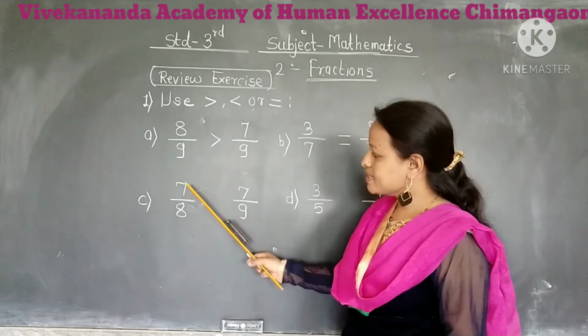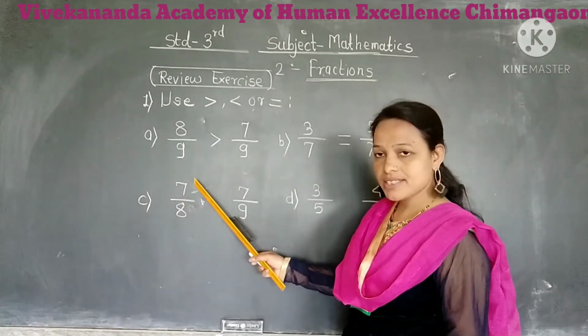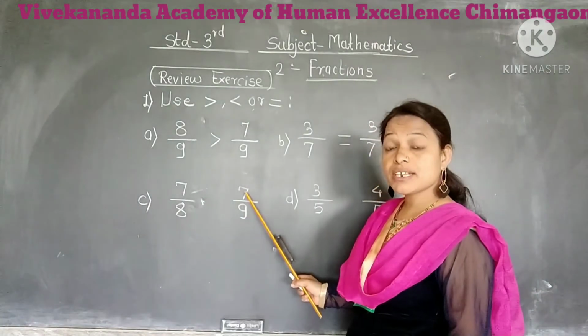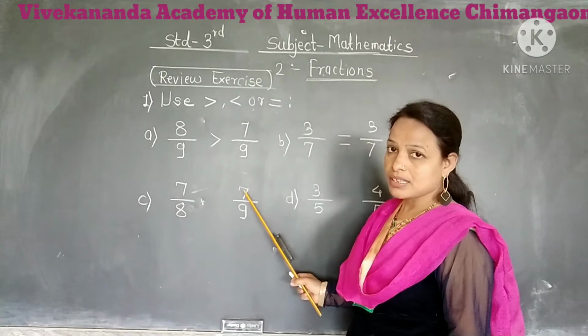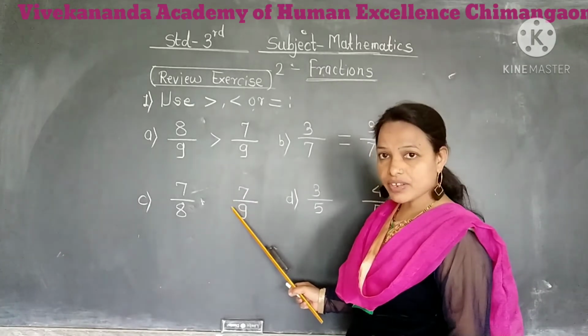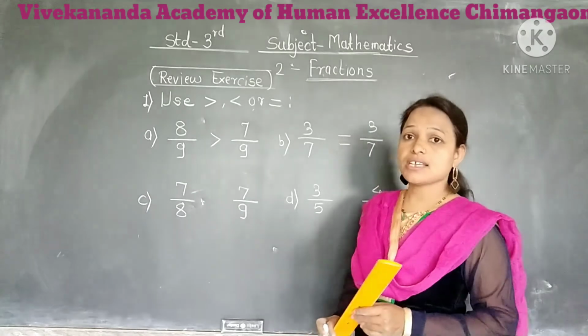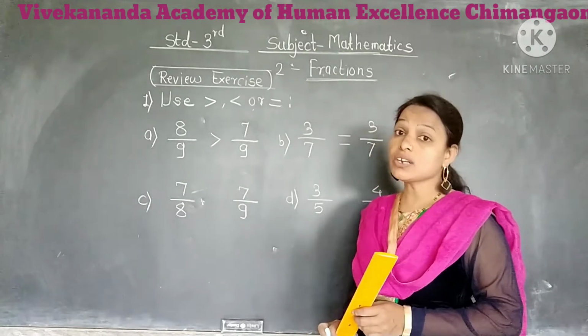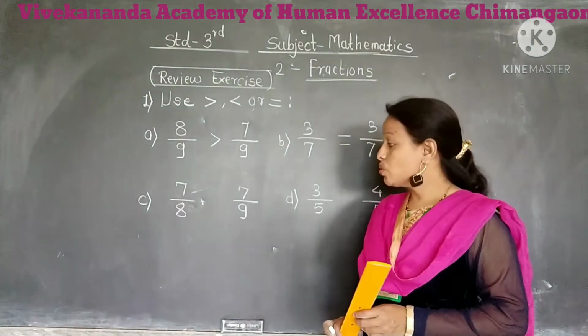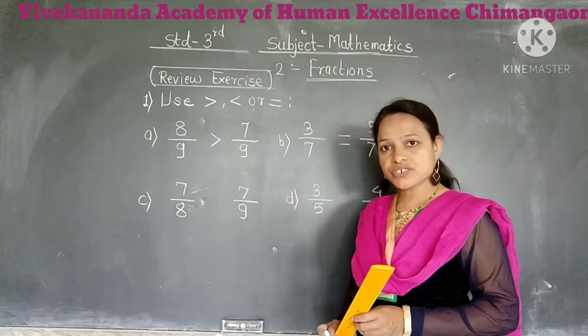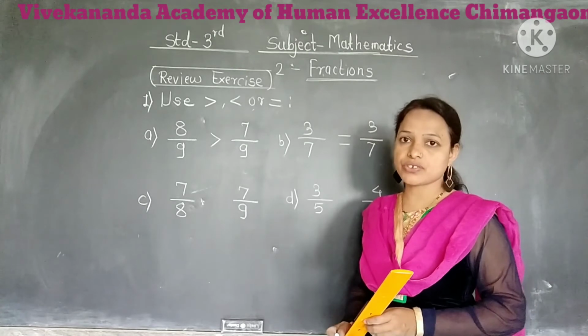If you observe here, 7 upon 8, its numerator is 7, and 7 upon 9, its numerator is 7. It means the numerators are the same. Though they are unlike fractions, here the numerators are the same. So in that case, we have to check their denominators. Whose denominator is smaller, that fraction is the greater fraction.